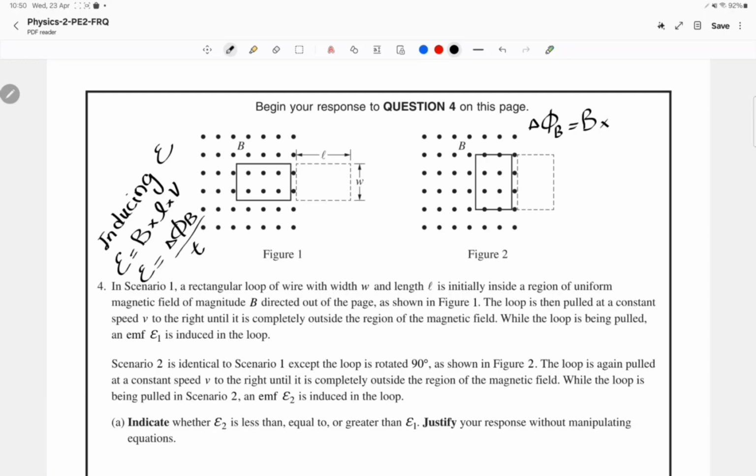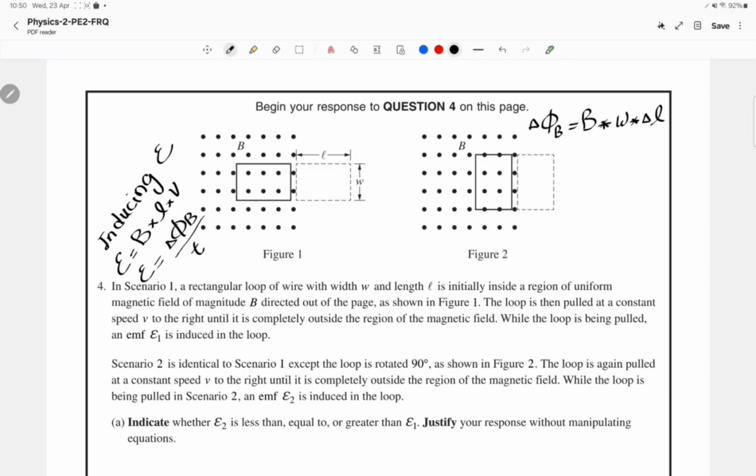No. But the length is changing, right? Because the length, one time it was the whole length, now it's going to be zero length outside. So B times width, which is not changing, but the length is changing. Okay, so keep that in mind.